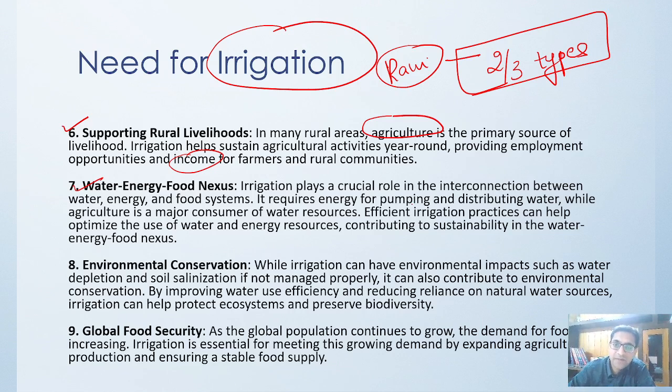So that is why we need proper efficient irrigation practices and optimized use of water and energy resources. If we have proper irrigation, then we can properly utilize our crop, we will be using it for generation of energy, we will also be generating proper food and helping in food security, right?